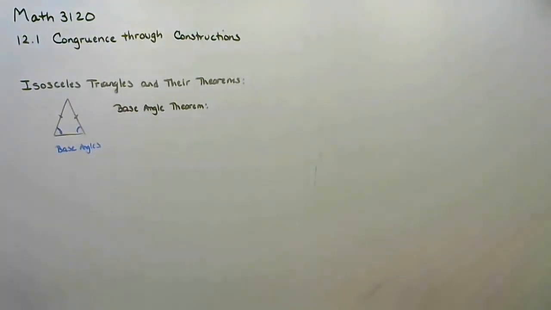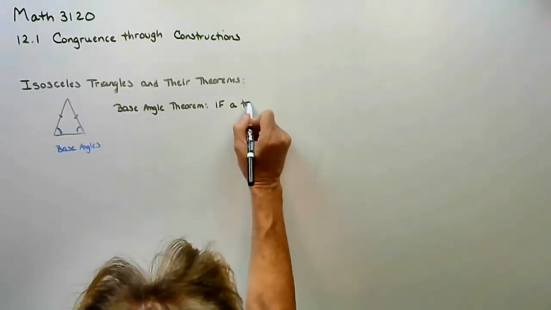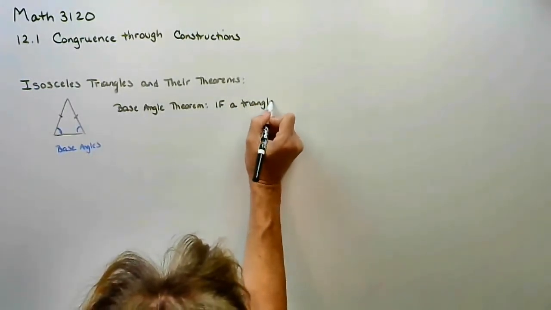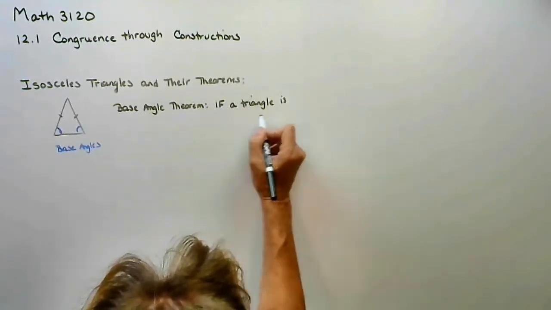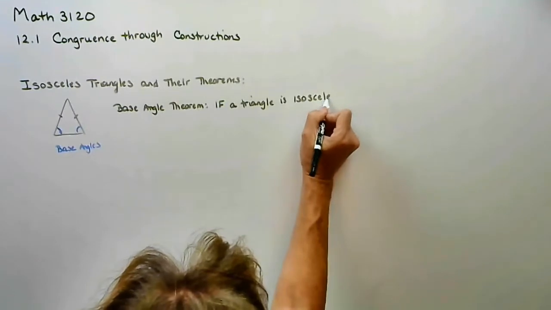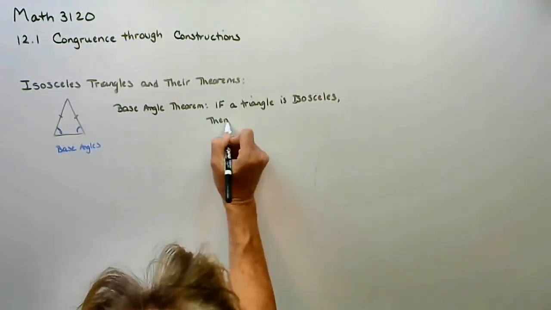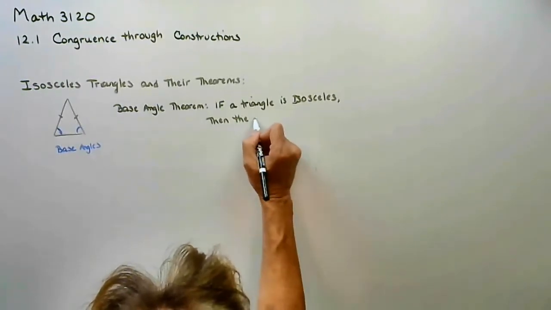So the base angle theorem says, if a triangle is isosceles, then the base angles are congruent.